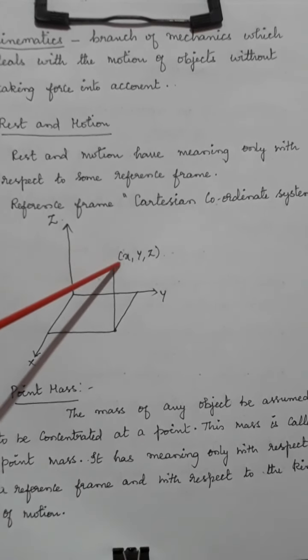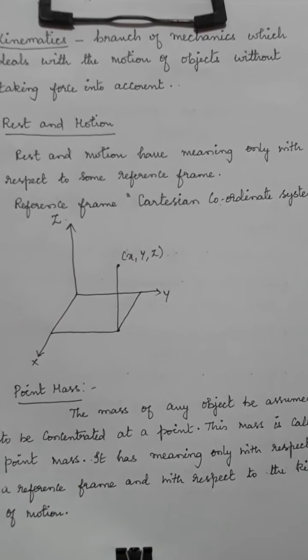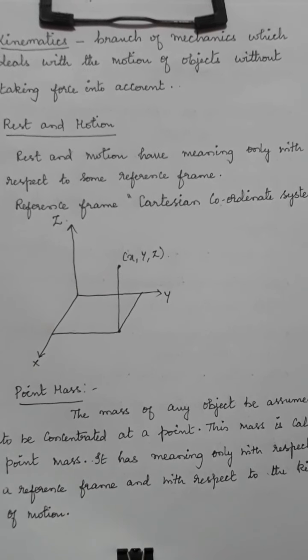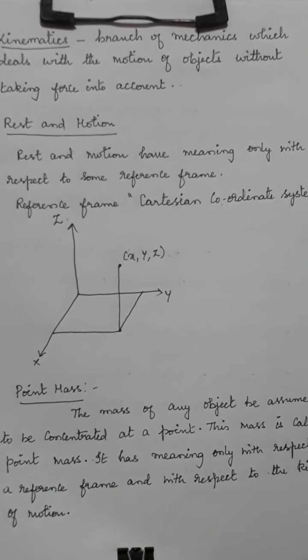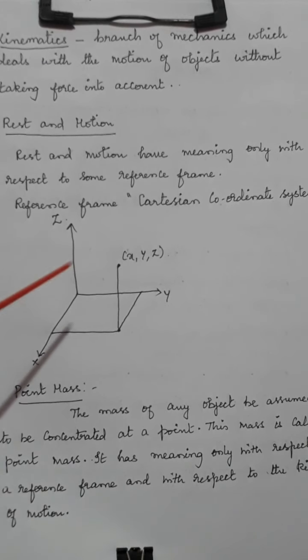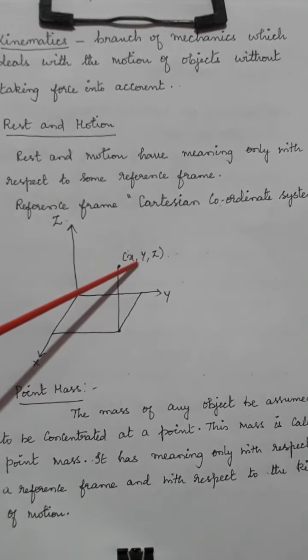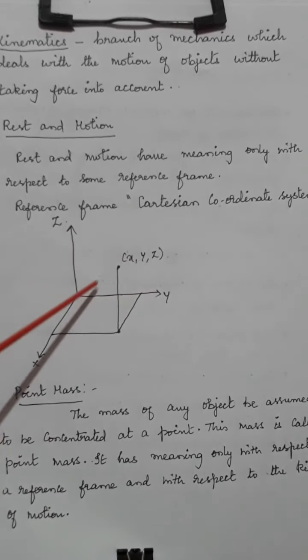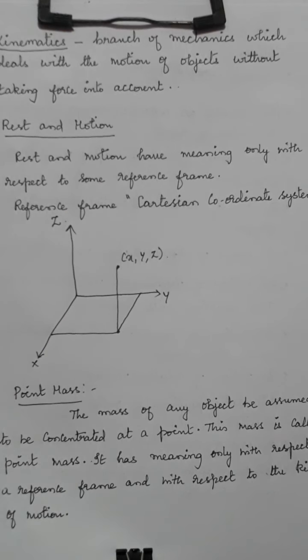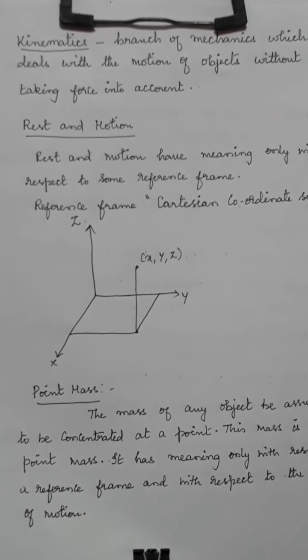So it has a meaning only with reference to the frame, and also with respect to the kind of motion. If it is going to be linear motion, it is with respect to the linear motion in the Cartesian coordinates that we define the point mass. So these are the definitions.